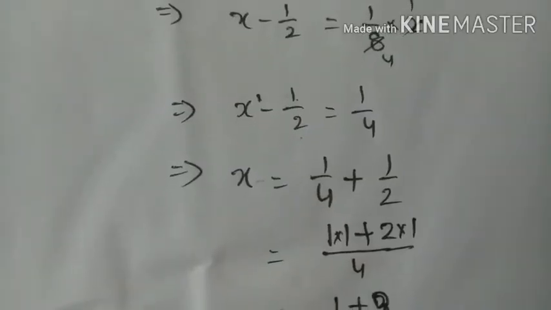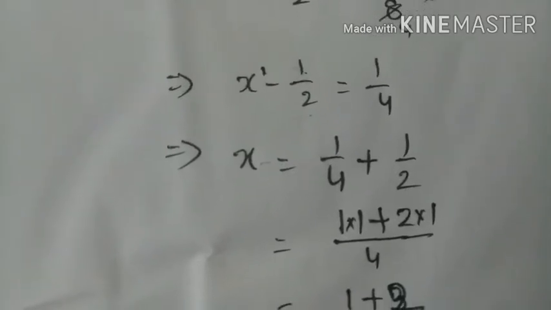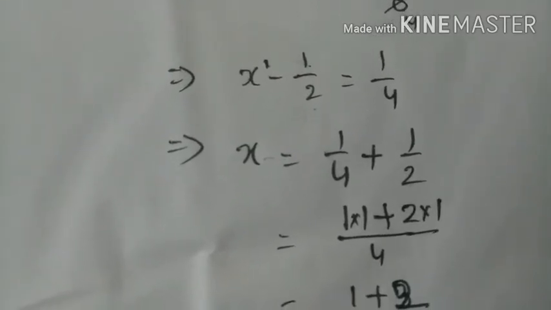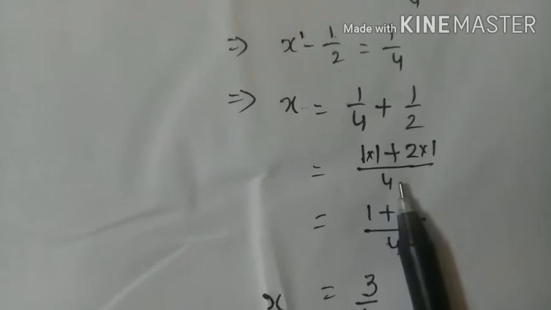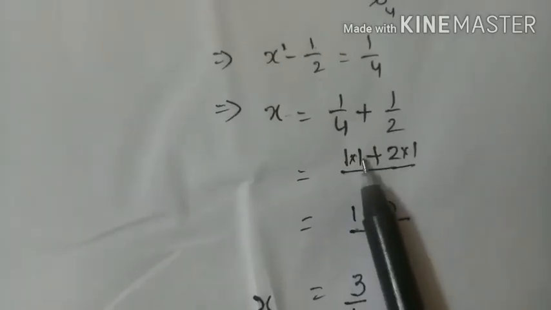Here denominators 4 and 2. These two are different numbers, but 4 is multiple of 2. So that's why we will take 4 as the LCM. Okay, so LCM is 4. Now for how many times we will get 4? 1 time into what is the numerator? 1 plus 2.